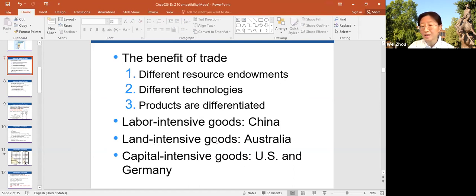Their milk is the biggest export. And in the US, we have capital intensive, let's say Silicon Valley in California. A lot of money is dumped in that little area. So each country does what they are best at, and then they exchange between them, which will be a benefit for everybody.